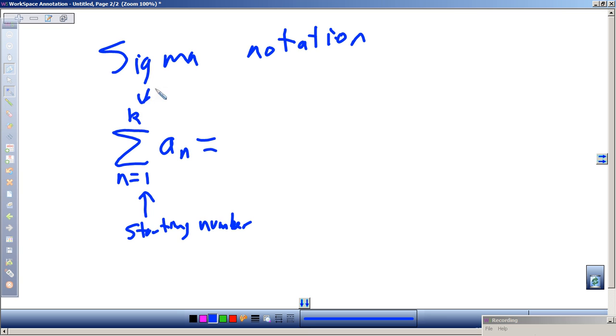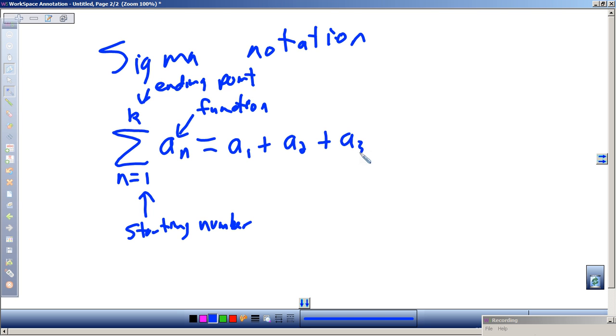K is the ending point, the last number we're going to plug in. And a_n is the function. So when you see this, it says we're starting with a_1 plus a_2 plus a_3, and keep going until we get to a_k.